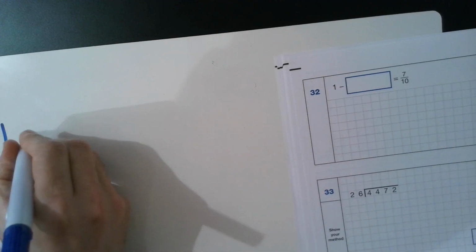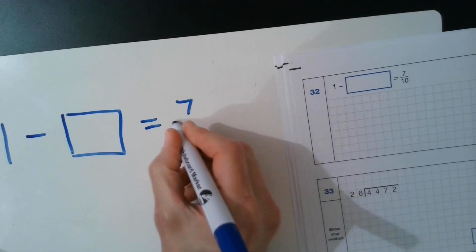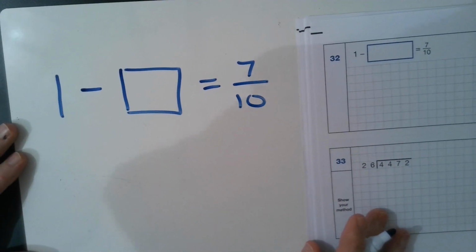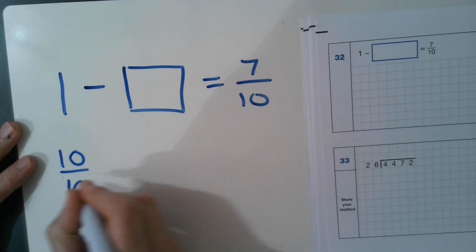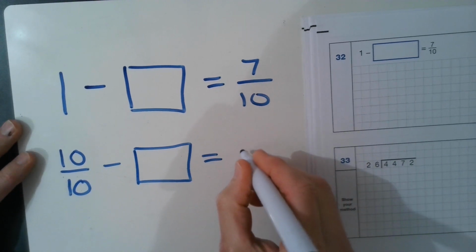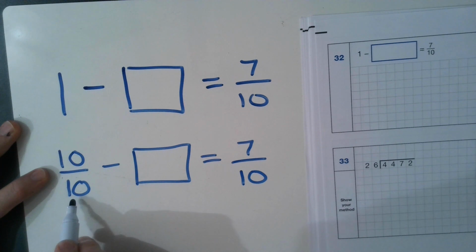So the next question, question 32. You've got here a whole one, take away something equals 7/10. The key to this question is understanding that that whole one is 10/10. When your numerator and denominator are the same, it's a whole one.